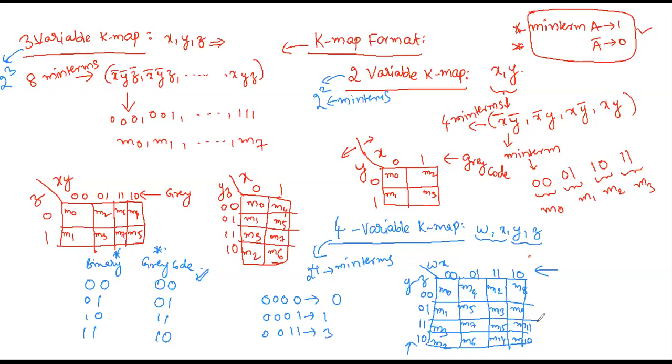Okay. Now we came to know two variable K-map format, three variable, four variable. Now here each minterm belongs to one square cell.